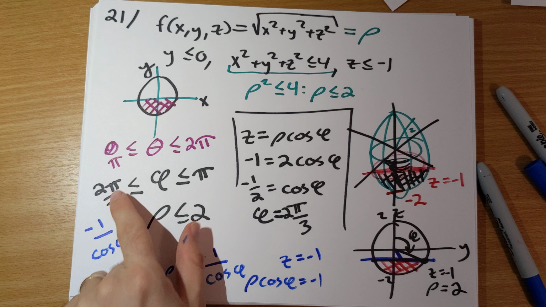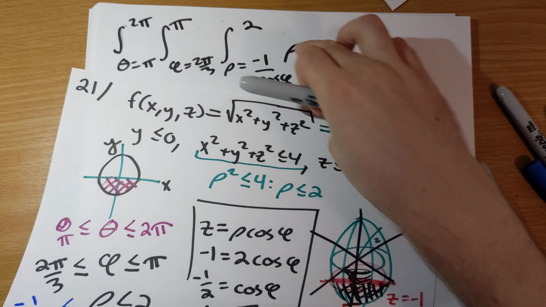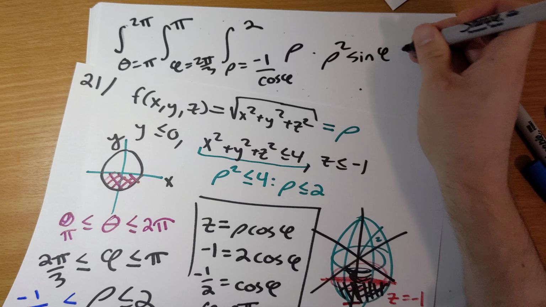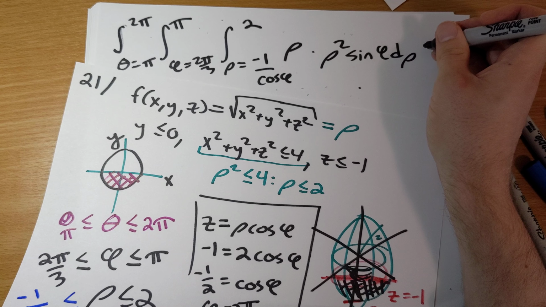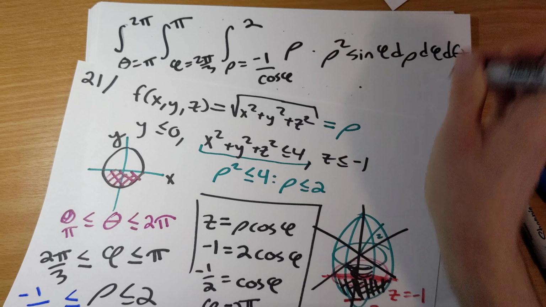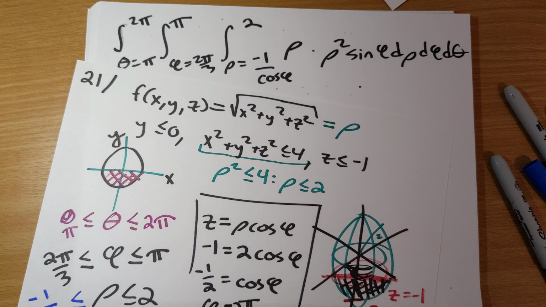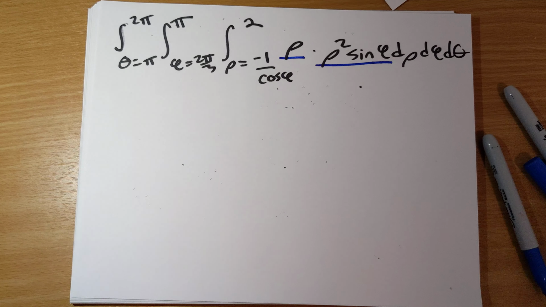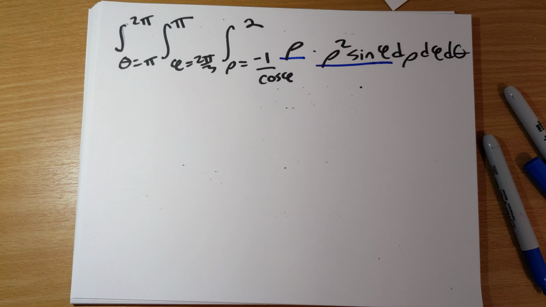And then the integrand is rho times rho squared sine phi d rho d phi d theta. That rho squared sine phi always comes in, that's the Jacobian, and then rho is the particular integrand. In the interest of time, I'm not going to evaluate this, but you should be able to evaluate this integral.